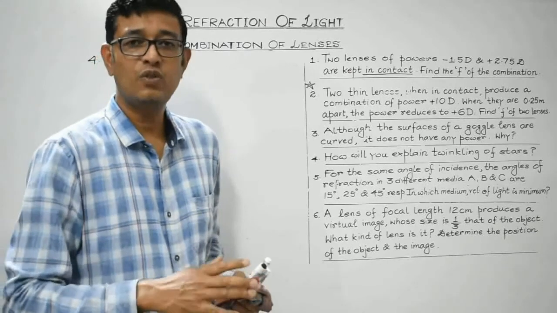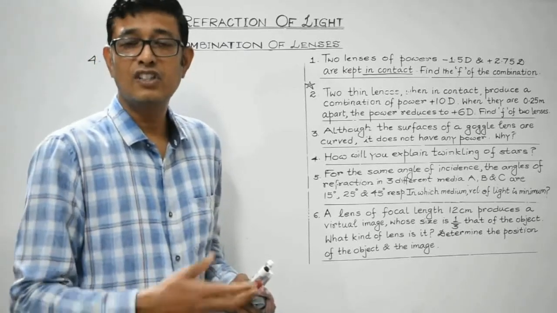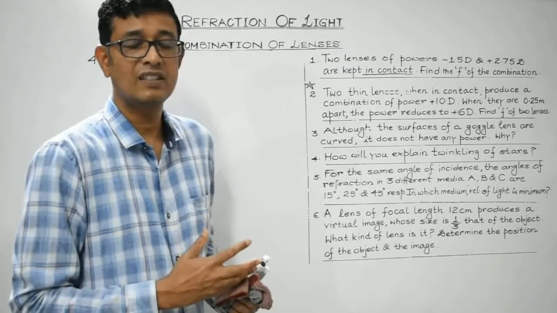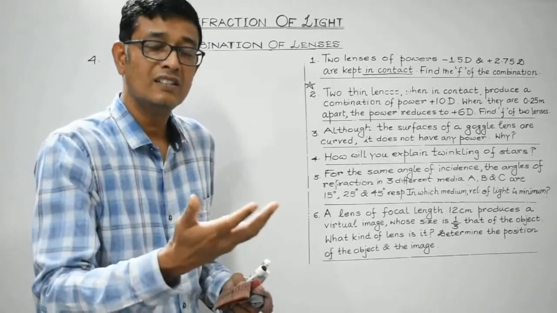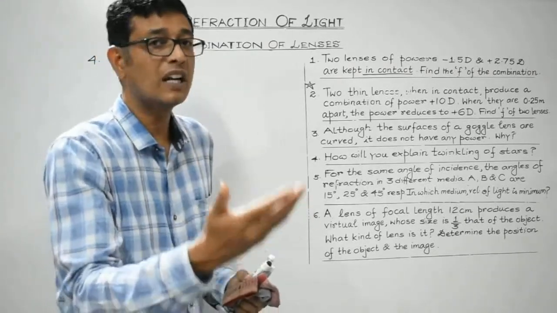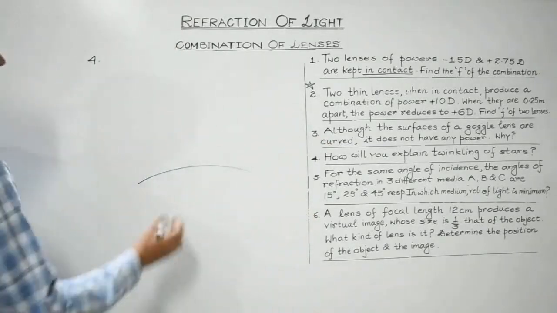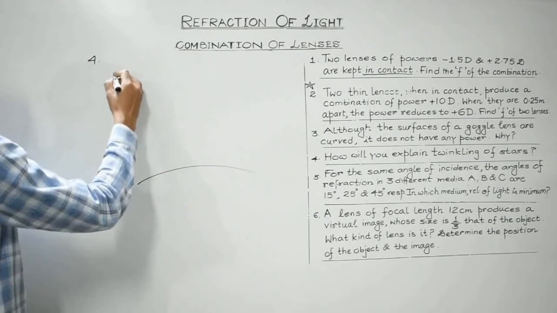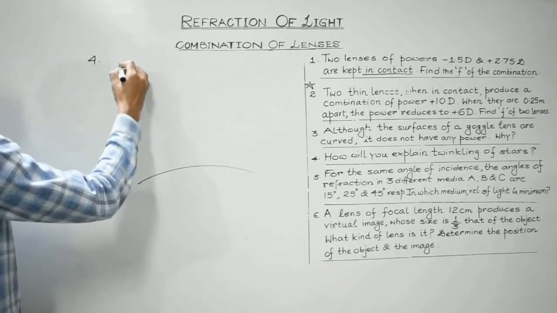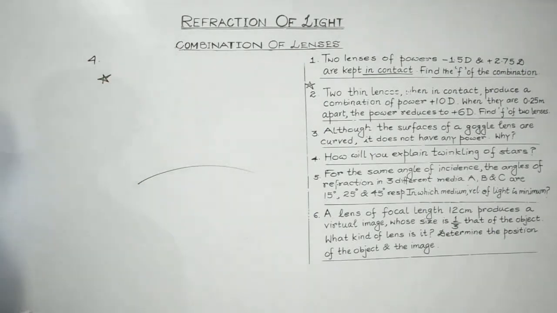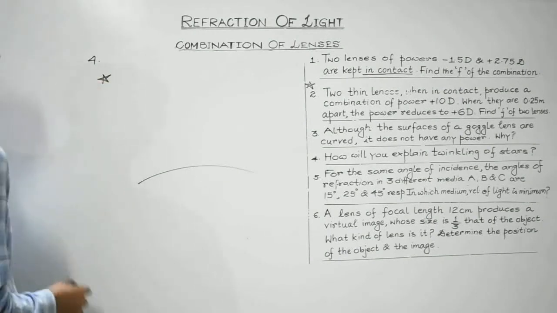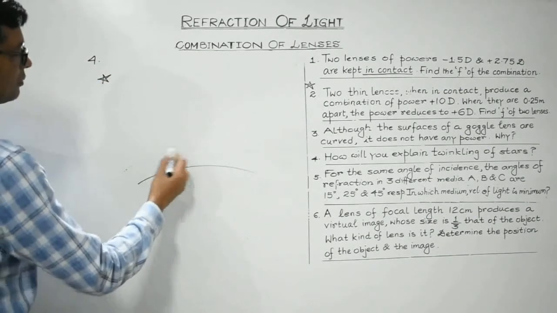So as a student, what happens is, there is a shift in the position of the star. That is, the apparent position of the star is different from that of the actual position. So what I mean to say is that this is the surface, right? And this is the star. Suppose this is the star. This is the original position, right? So this is the Earth's atmosphere.